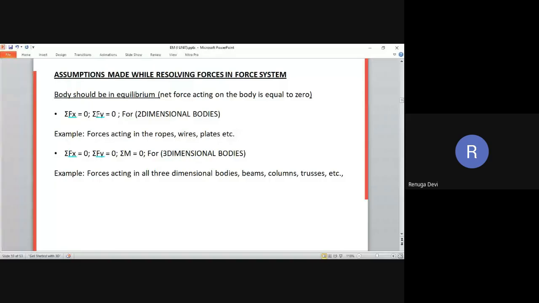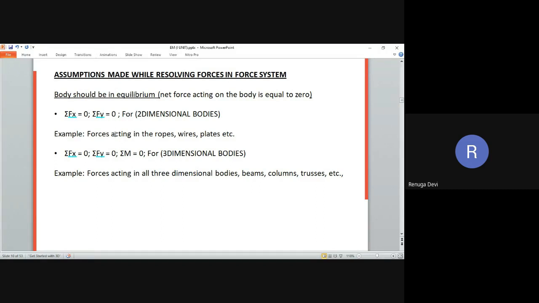Sigma Fx and sigma Fy, wherever you have such cases, wherever you have metals and places where you are using two-dimensional bodies, you can say n number of applications.